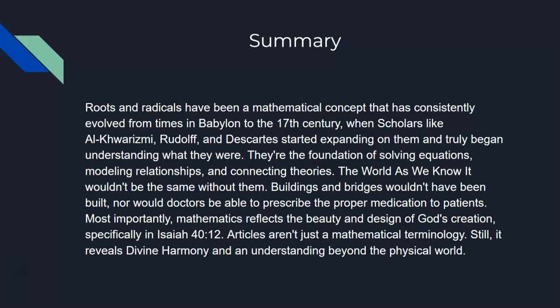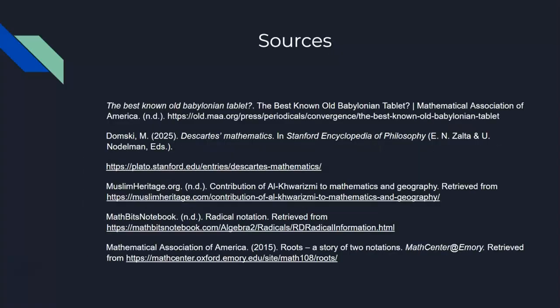This world as we know it wouldn't be the same without them. Buildings and bridges wouldn't have been built, nor would doctors have been able to prescribe the proper medication to patients. Most importantly, mathematics represents the beauty and design of God's creation. Specifically in Isaiah 40:12, radicals aren't just mathematical terminology, it also reveals divine harmony and an understanding beyond the physical world.